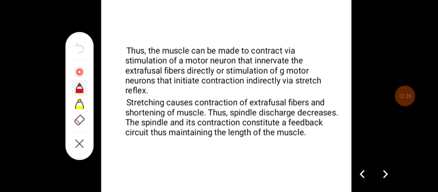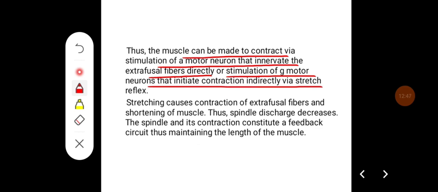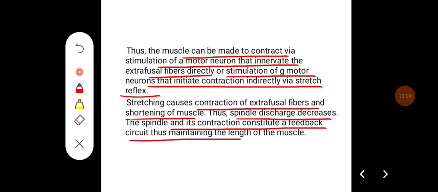Thus, muscle can be made to contract via stimulation of a motor neuron that innervates the extrafusal fibers directly, or stimulation of gamma motor neurons that initiate contraction indirectly via the stretch reflex. Stretching causes contraction of the extrafusal fibers and shortening of the muscle. Thus, spindle discharge decreases. The spindle and its contraction constitute a feedback circuit, thus maintaining the length of the muscle fiber.